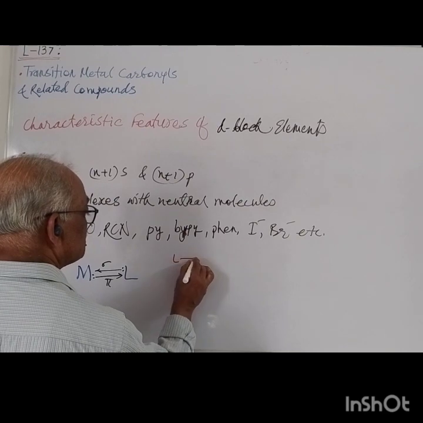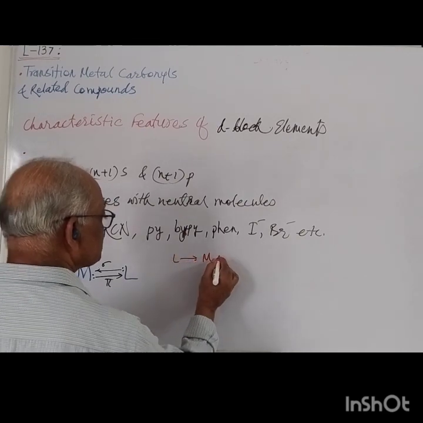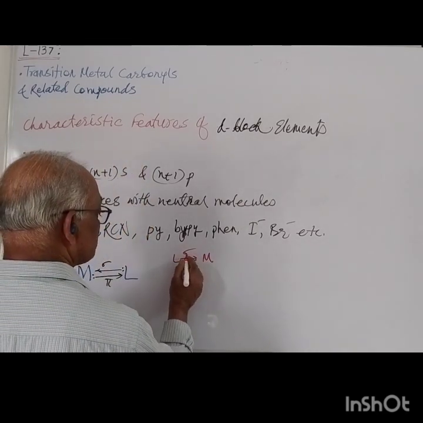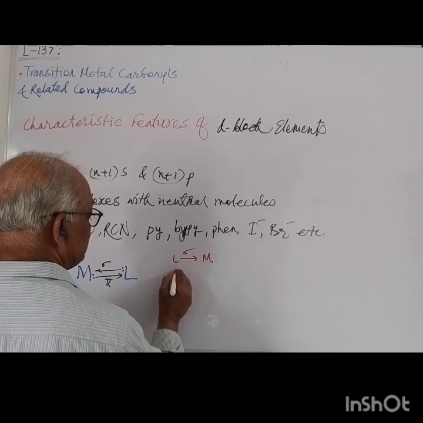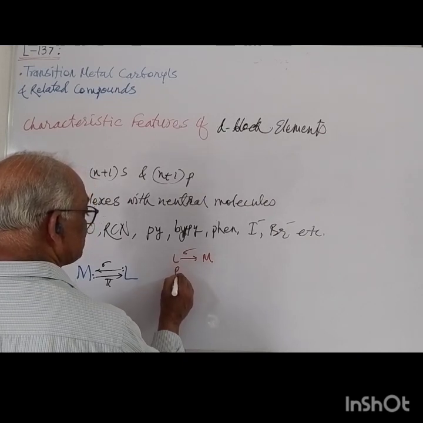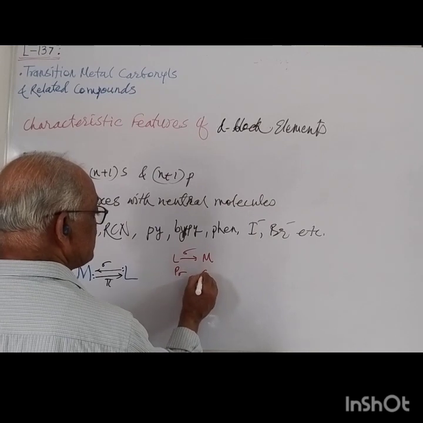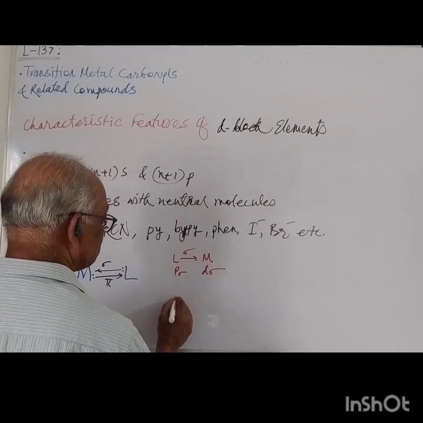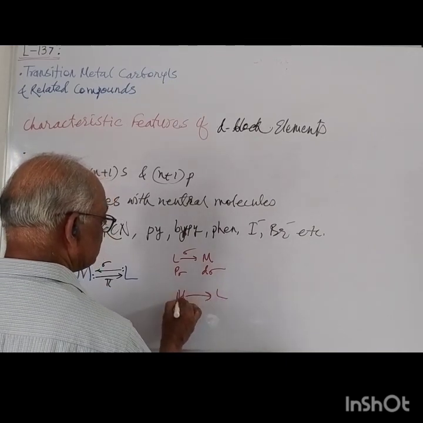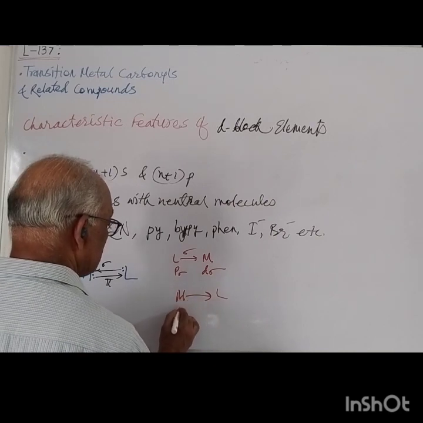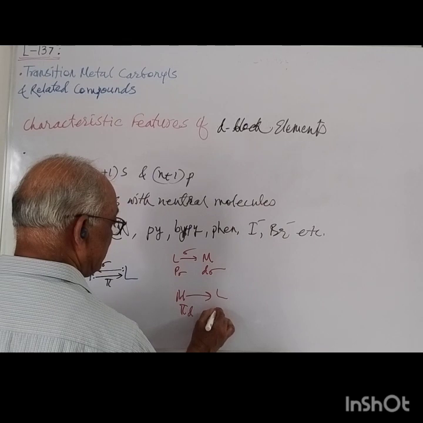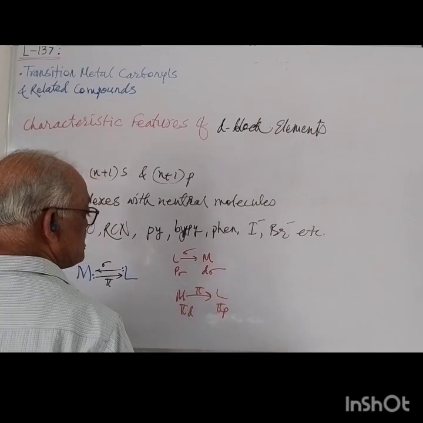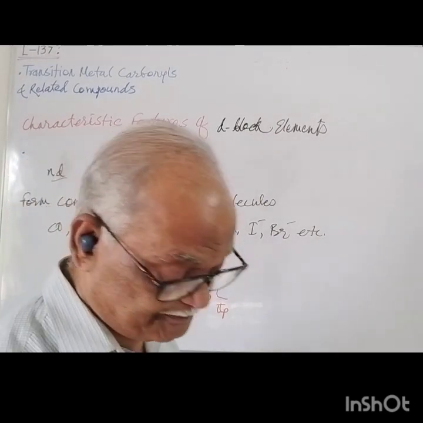First, ligand to metal, it gives a sigma bond. Here the ligands utilize the p orbitals of sigma nature, and the metal d orbitals of sigma nature. But in case of the metal to ligand bonding, the metal has d orbitals of pi nature and the ligand has p orbitals of pi nature, which produces pi bonding.